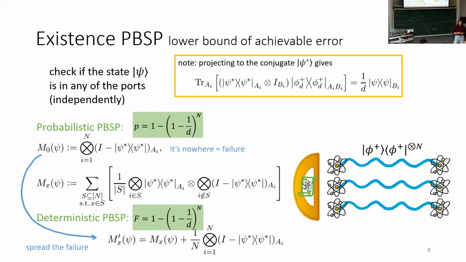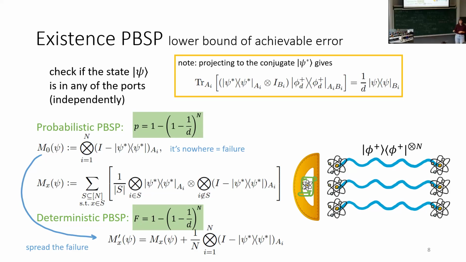Sorry, can you repeat why these are the optimal value of the probability of success, or the optimal value of the maximum fidelity? So why this? What we do in the non-signaling argument: we know that if you do this measurement, the probability of success is this one.